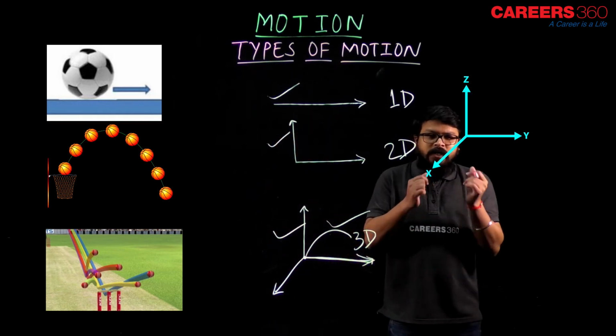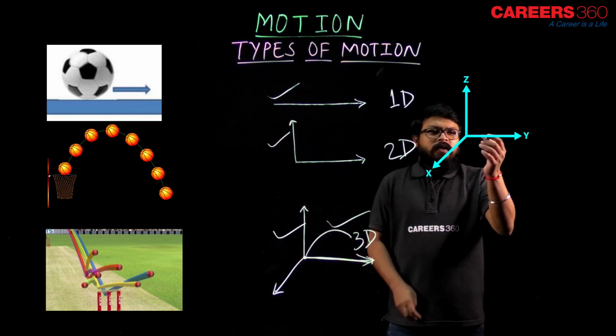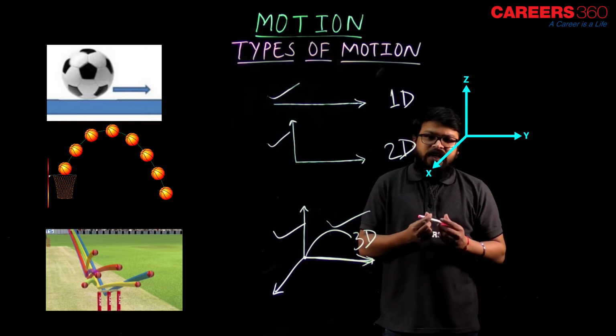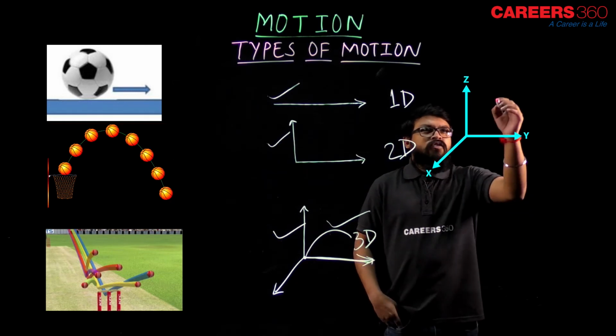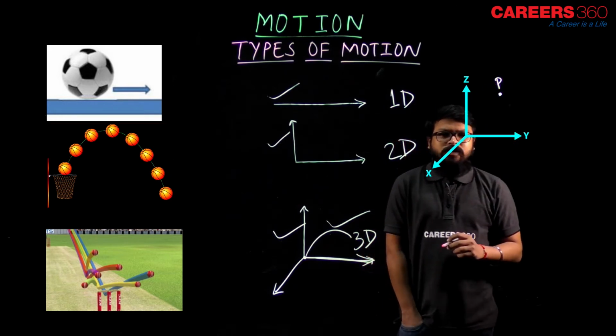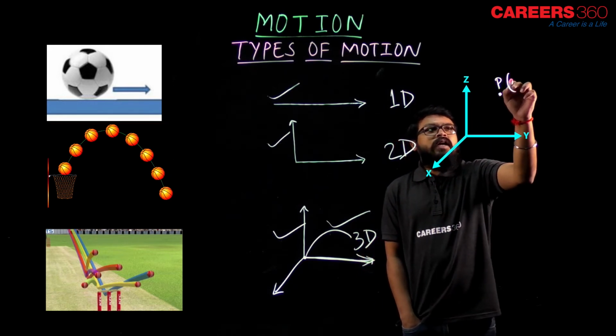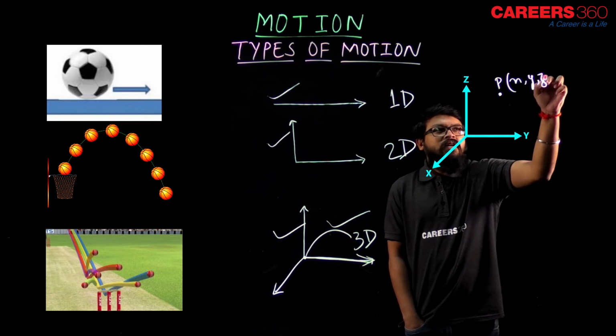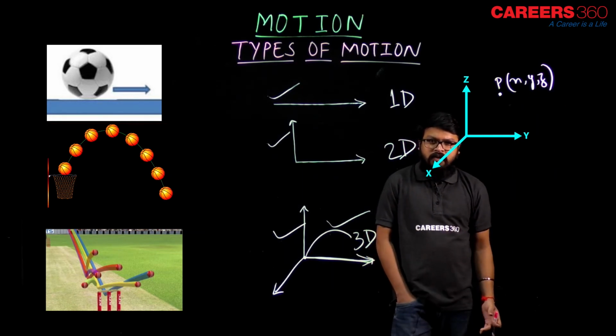So in the Cartesian coordinate system, the three axes have three variables, that is x, y and z. Suppose I consider one position over here, position P, and it has coordinates x, y, z, because it is in three dimensions.